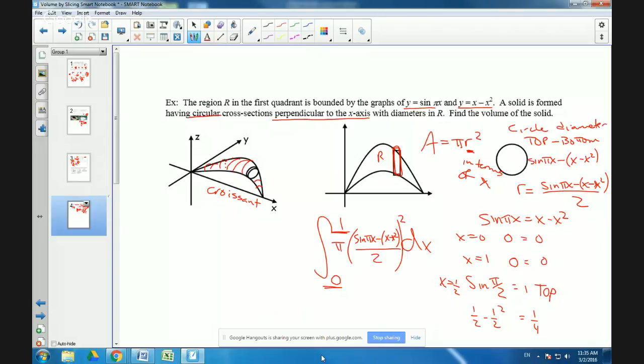Do we want to calculate that integral? Maybe on a calculator. This would be a friendly problem. But it's the same process every time. You have to find your integral limits and put the area in terms of the function.